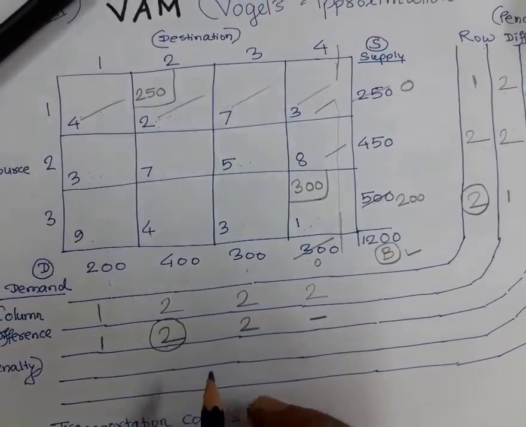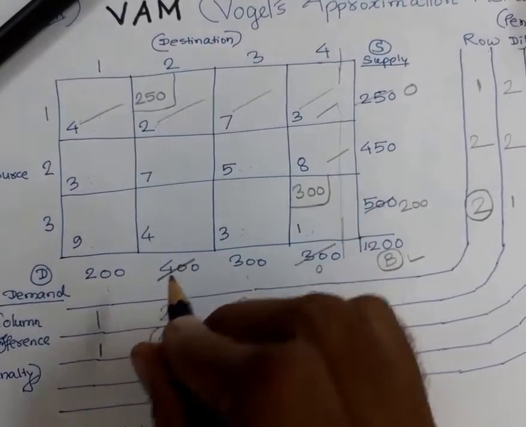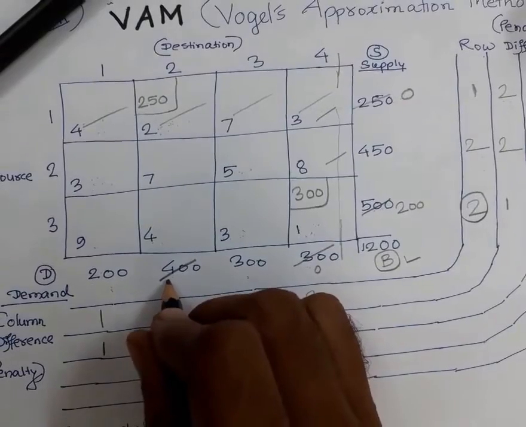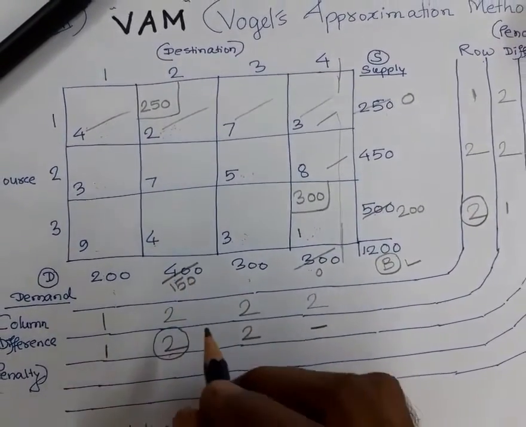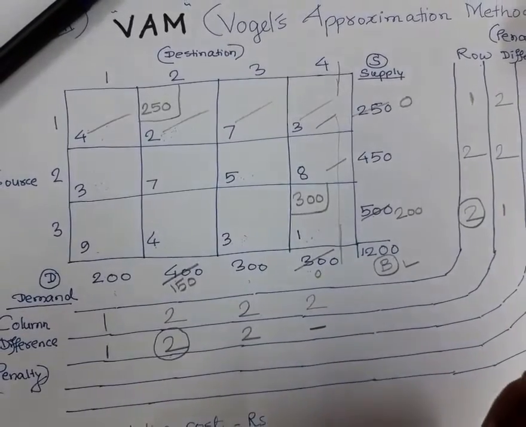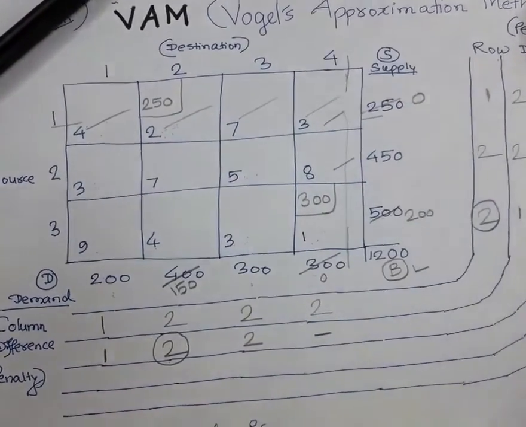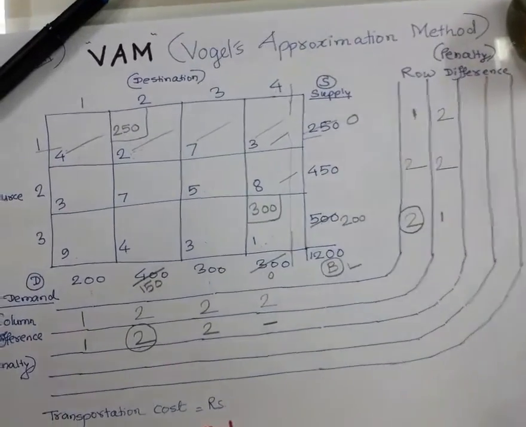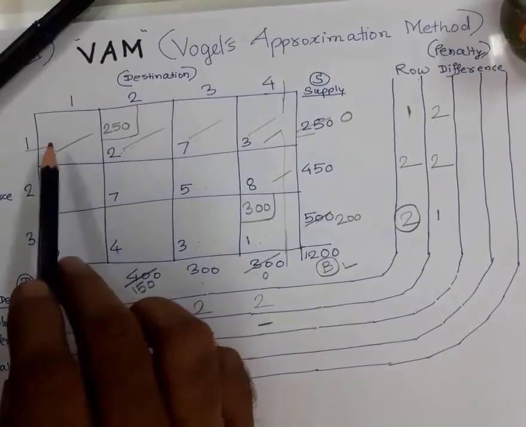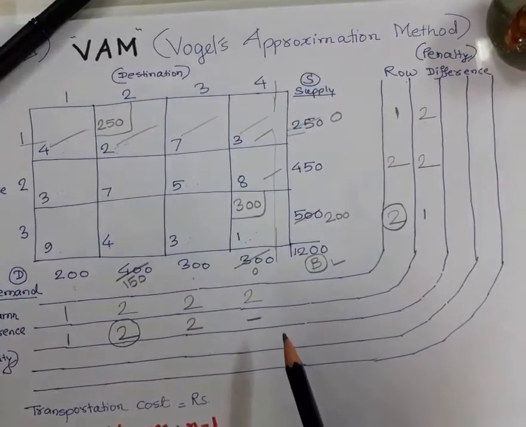Now 400 minus 250 is 150. Okay. This first row is exhausted. Now the first row is deleted and the fourth column is also deleted.